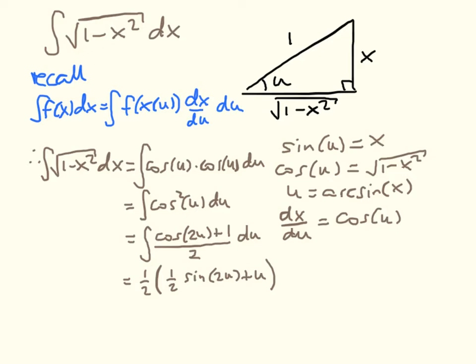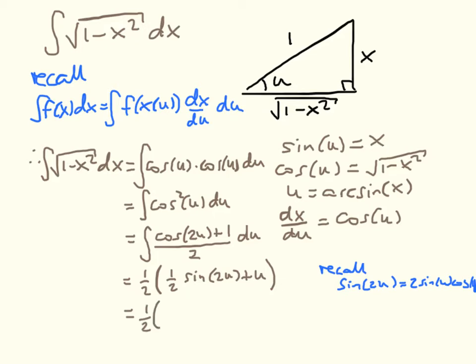It is much easier if we just think about the double angle formula and just recall that the sine of 2u is 2 sine u cos u. So this means that here we have 1/2 open brackets.